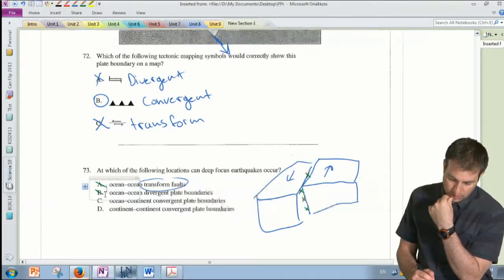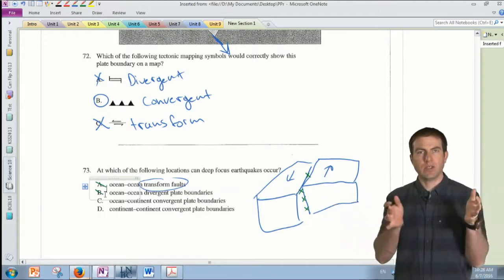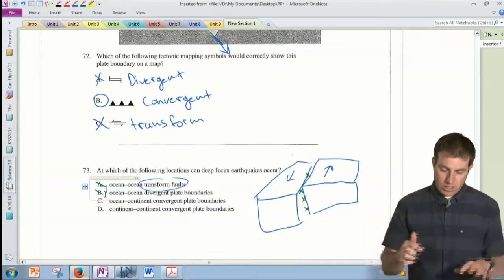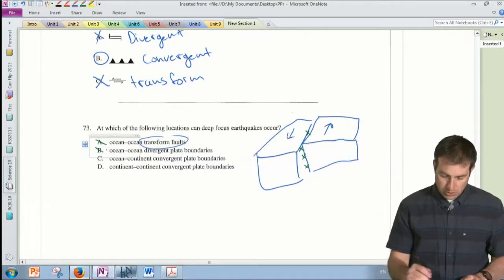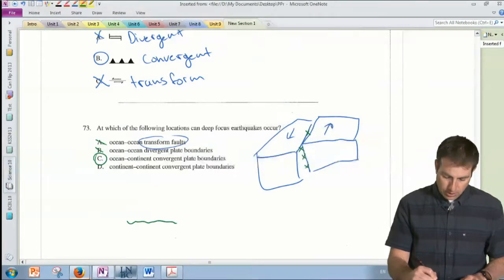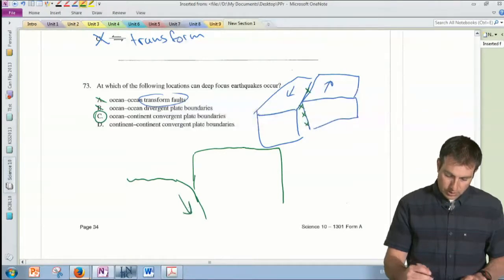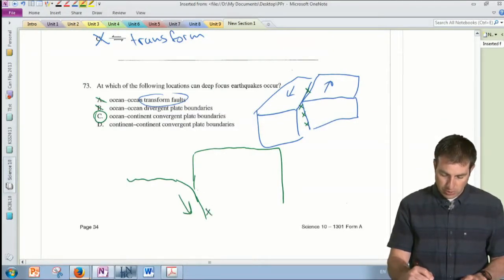Oceanic continental and continental continental. When you have two continents coming together, think about the Himalayas. Those are really thick plates. The deep focus earthquakes are going to happen at a convergent boundary that has a subduction zone. So with an oceanic plate and a big, thick continental plate, because that plate is being subducted, you get really deep earthquakes way down in the bottom, where that ocean plate goes under the big continental plate.